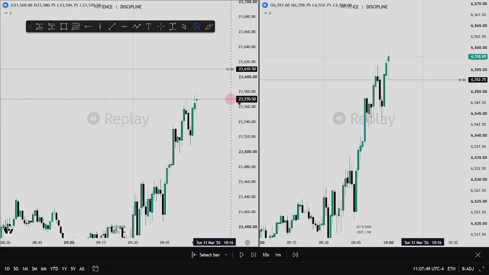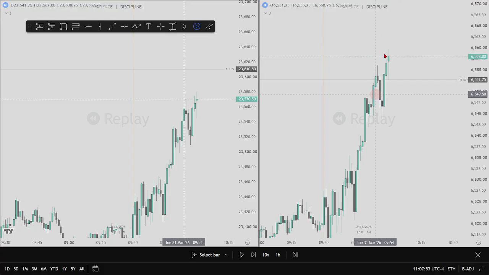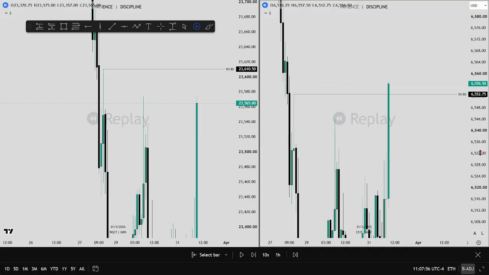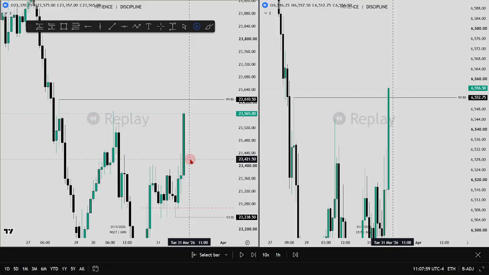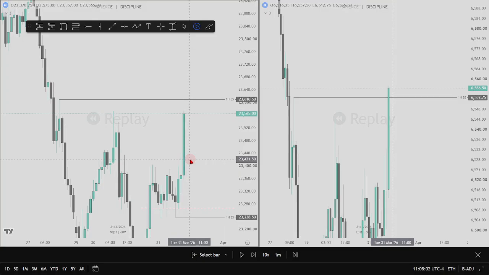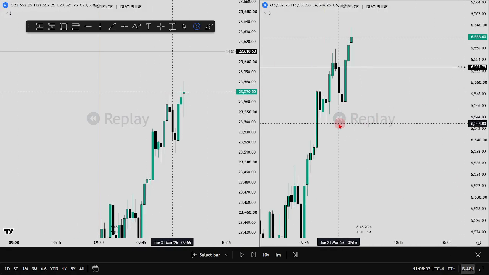I think the liquidity level has already been swept. So that's the sweep of the liquidity here, around 9:54.